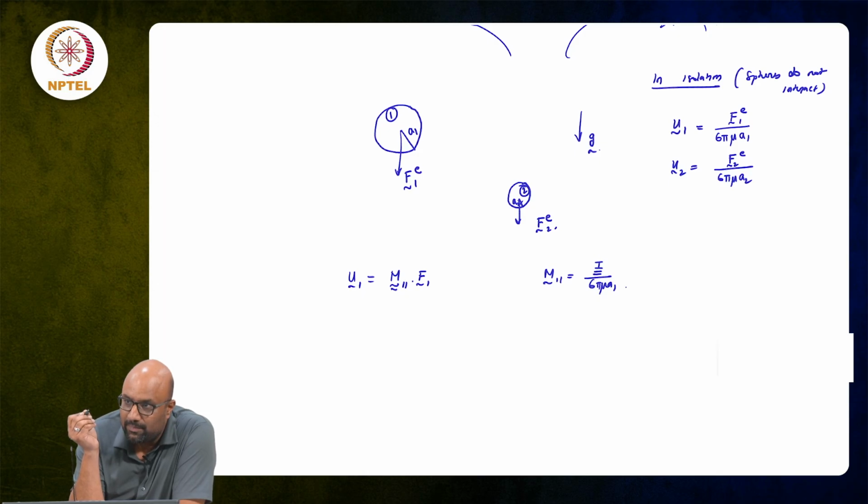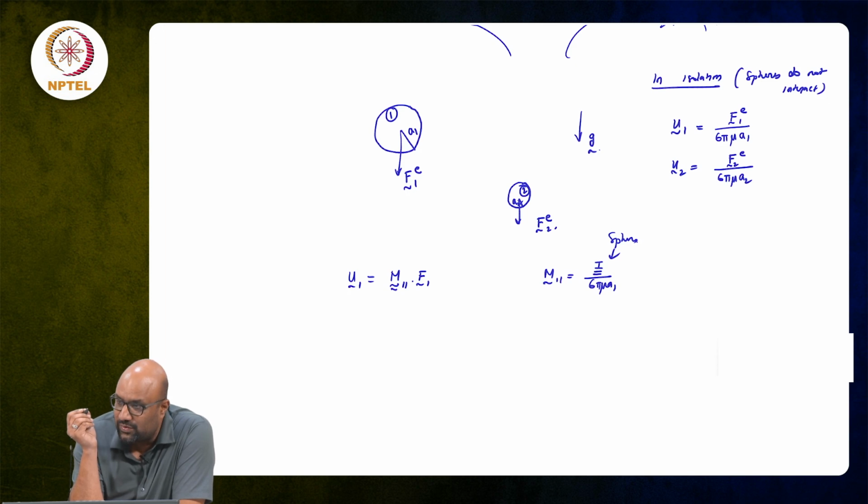Is that okay? So, for a spherical particle, the mobility tensor is basically the Kronecker delta multiplied by a factor of inverse of 6 pi mu A1.